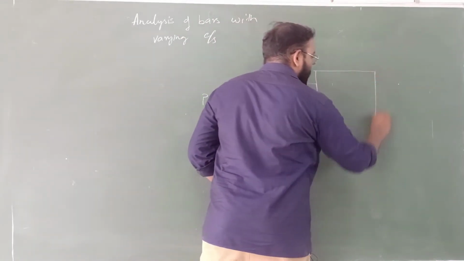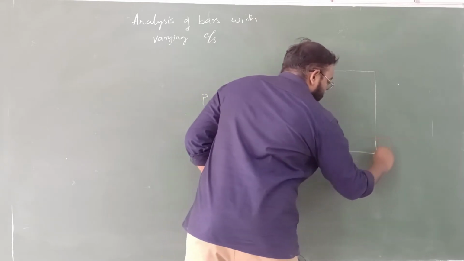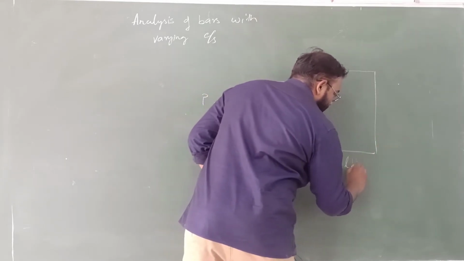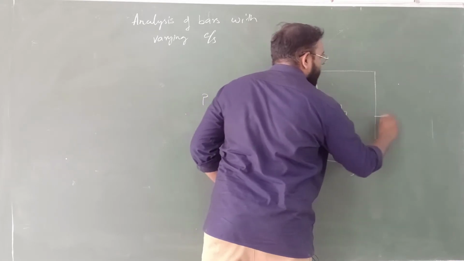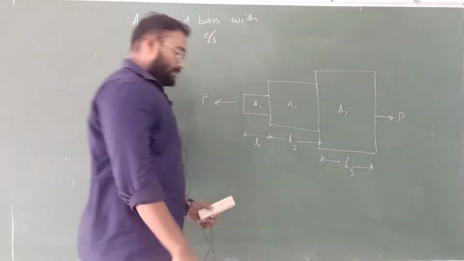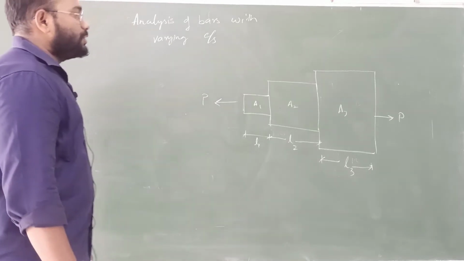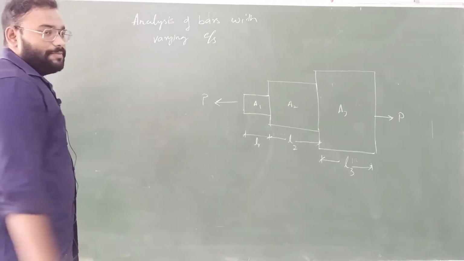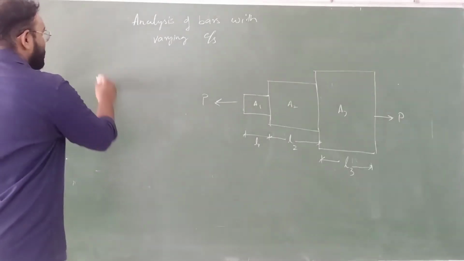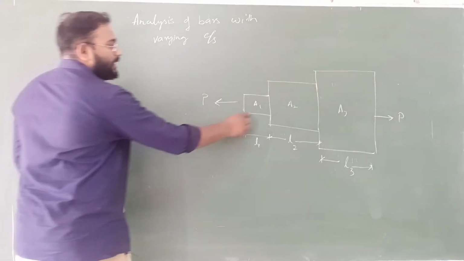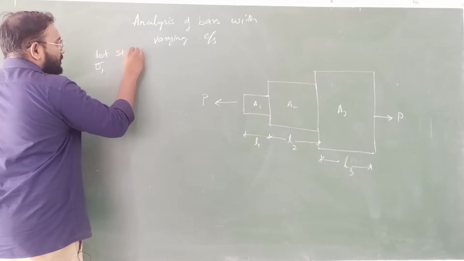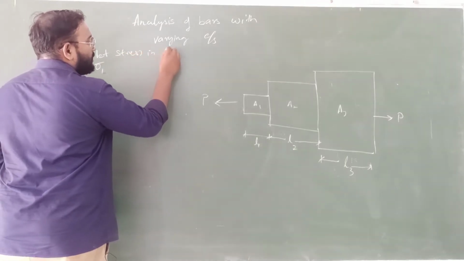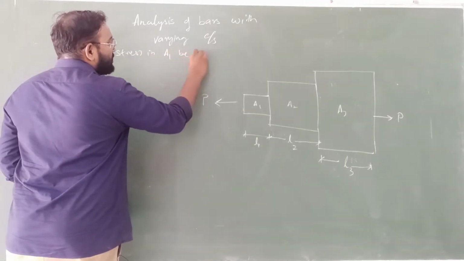Suppose you have a bar like this. This is L3 and this is A3. You are applying a tensile force of P to this bar. Now, let the stress in the first component A1 be sigma 1.